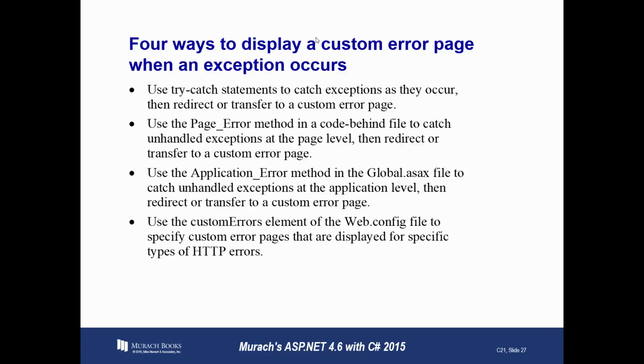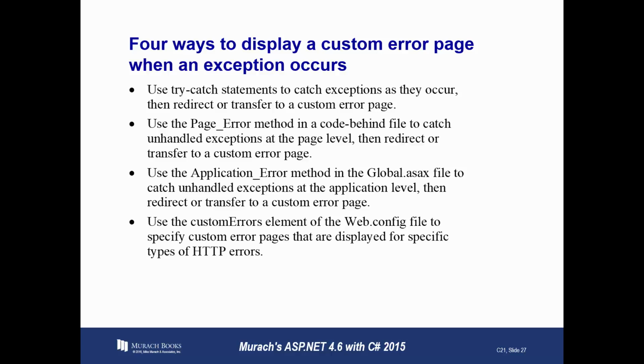This is the method that's called whenever an unhandled exception occurs on a page that doesn't have a Page_Error method defined. Then that Application_Error method can redirect to a custom error page. And fourth, you can use the customErrors element in the web.config file to designate custom error pages. This is typically what you'd use for something like a 404, which is a file not found error.